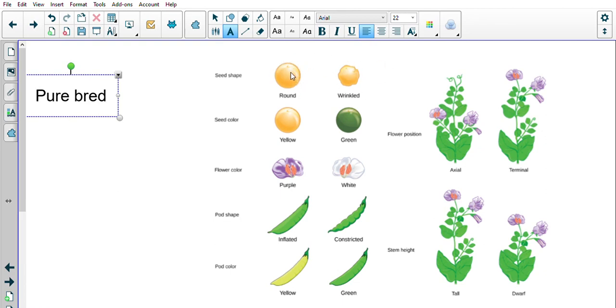If I found that eventually I had only round-shaped peas, or wrinkled, or yellow, or green, or whatever, then I know that this is a purebred version of that particular trait or factor.